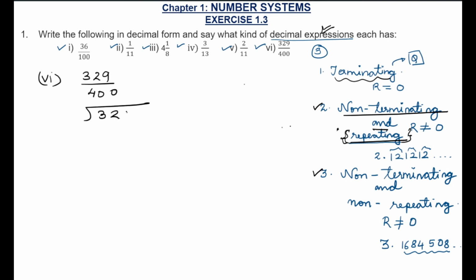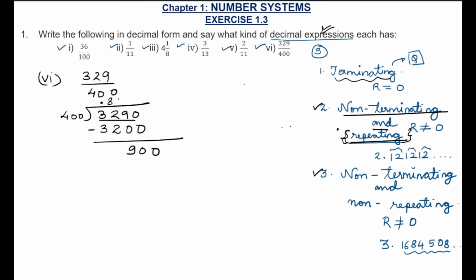So 329 by 400. Again, this number is smaller. So we are going to put a point, add a 0 here. 8 times you get here 3200, minus, you get here 90. Add a 0, add a 0 here, right?